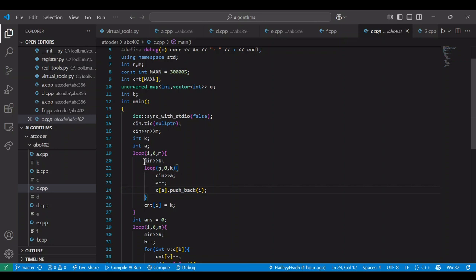For each dish I, it requires K ingredients, and the K ingredients are given by A. And so for each ingredient A, C[A] represents the list of dishes that require ingredient A. So dish I will require ingredient A, and so we push that into the vector C[A].